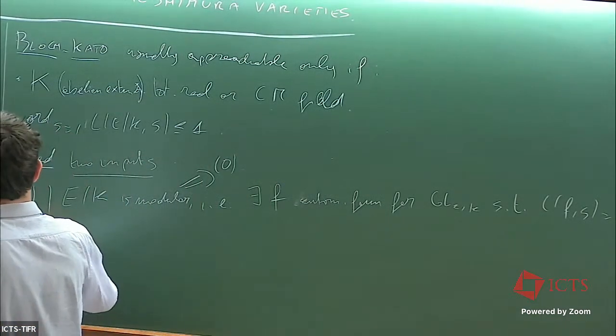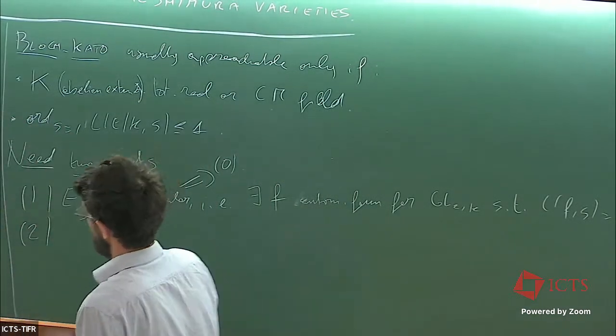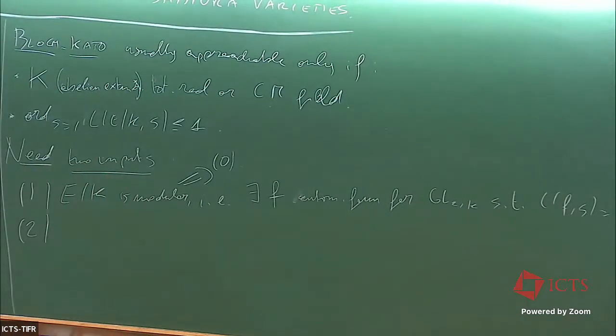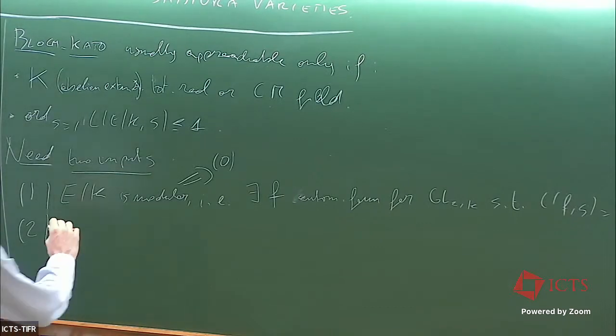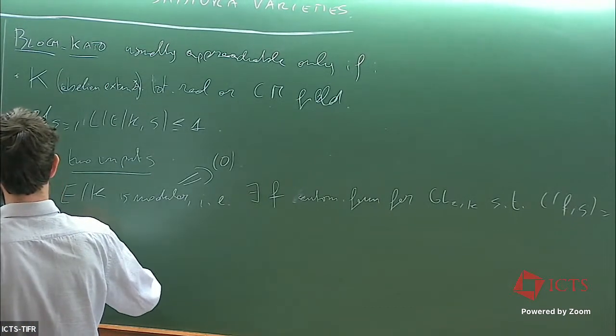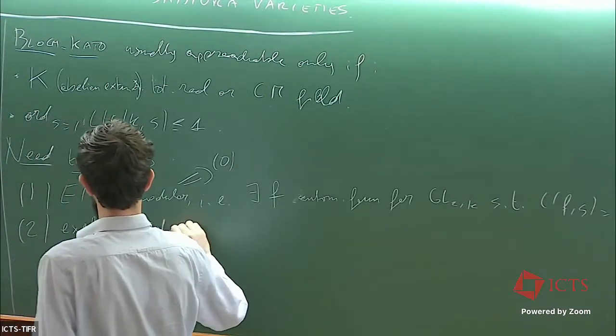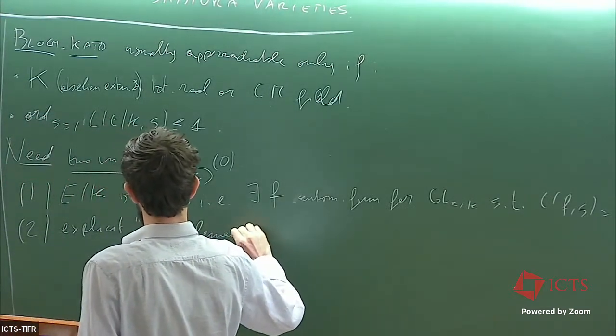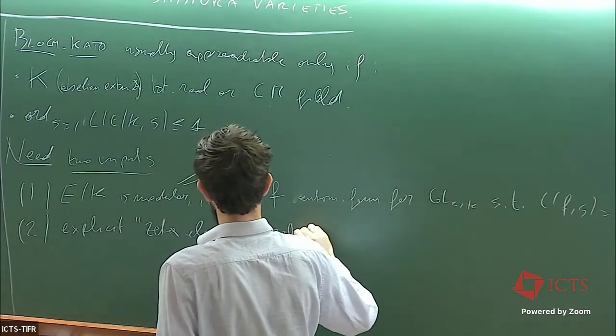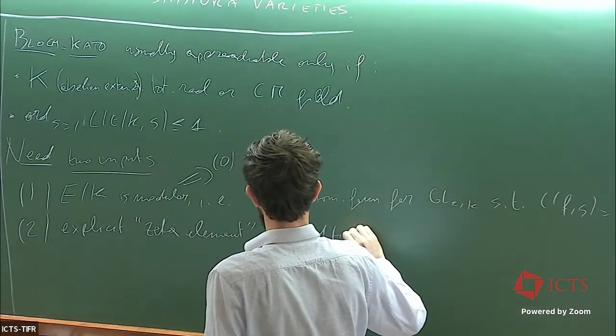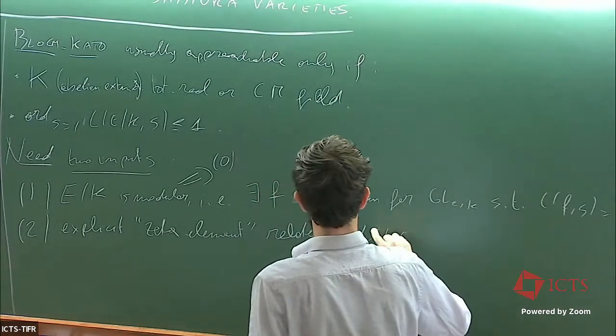Okay. And the second key thing is that at some point, you need to understand these special values somewhat explicitly, and this is usually done by the so-called zeta elements. So you need a somewhat explicit so-called zeta element, which is related to this special value.